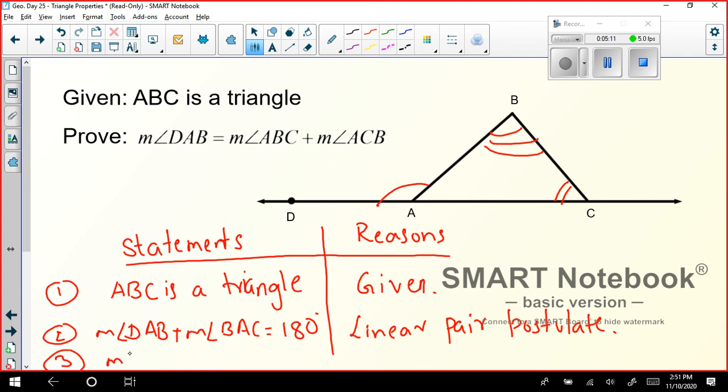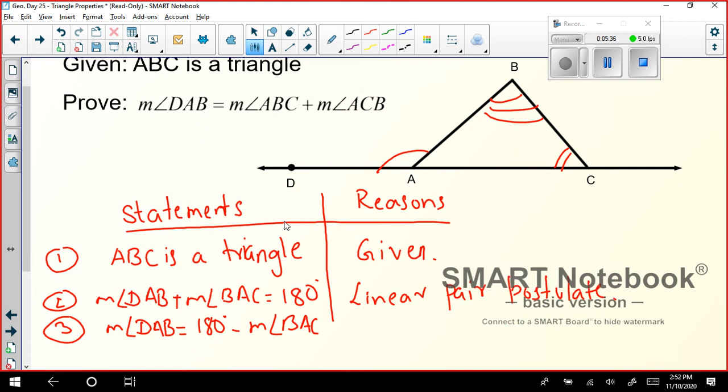Measure of angle DAB will be equal to 180 degrees minus measure of angle BAC. Okay. Now we got this left hand term.